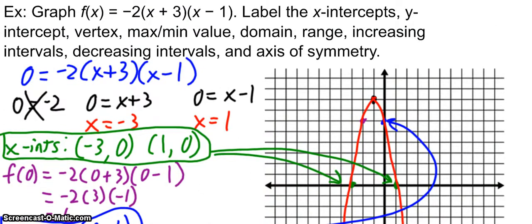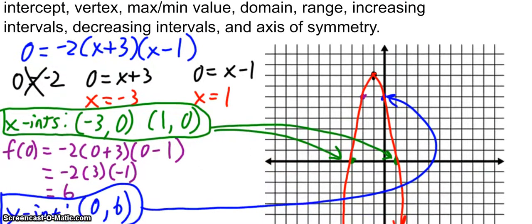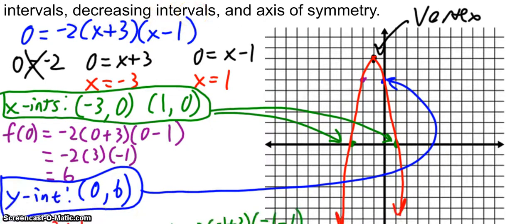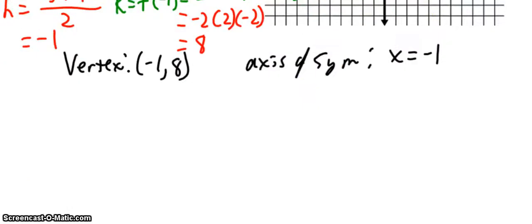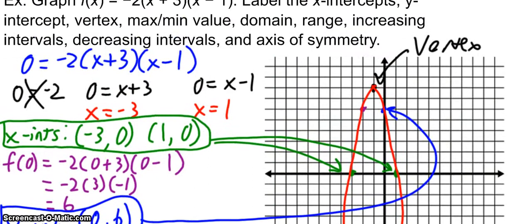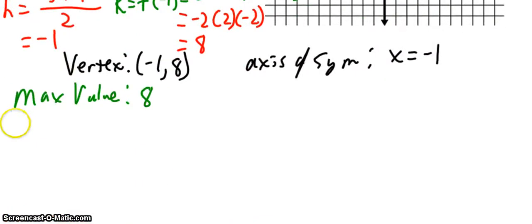We have our vertex, which is right here. And so now we want to find the max or minimum value. We know that is going to relate to the vertex, and in this case it's going to be a maximum. So our max value is going to be 8. The domain is always -∞ to infinity for a quadratic function.